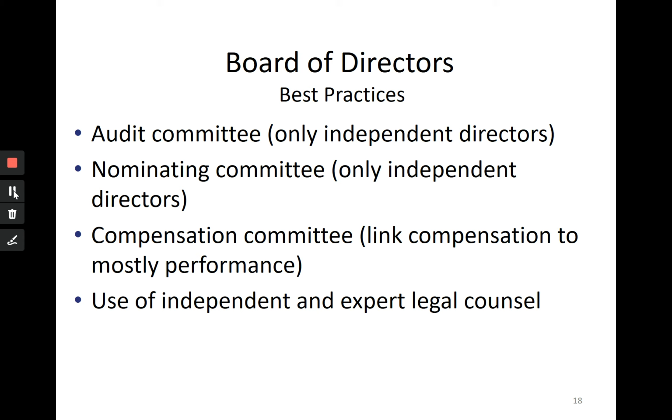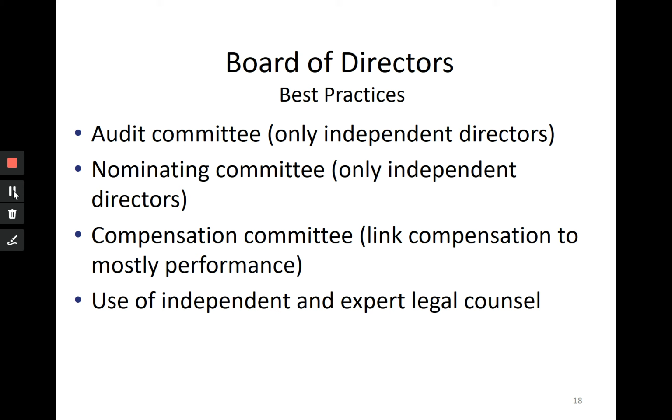Nominating committee is a committee that chooses the board members, and the best practice is to have independent directors in that committee rather than a common practice with many corporations that have insiders closely related to the chief executive officer in the nominating committee.